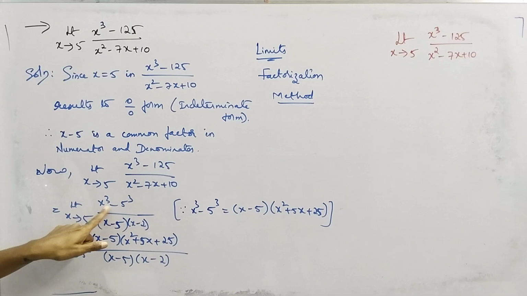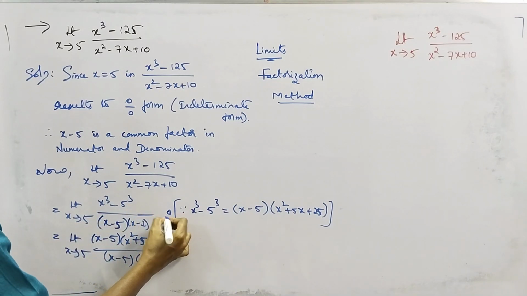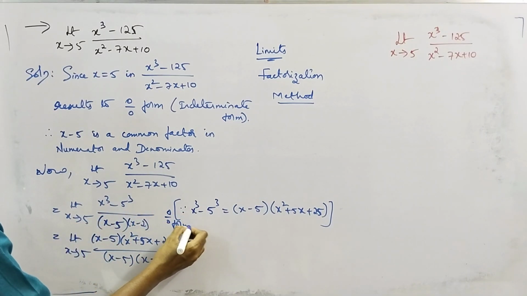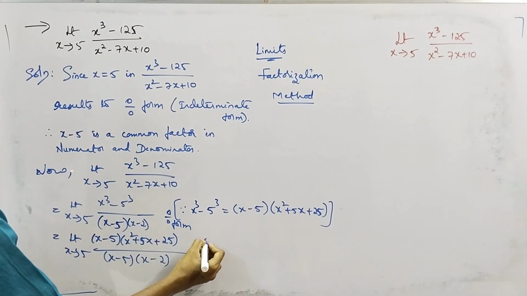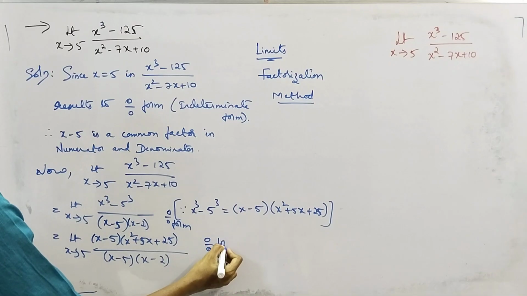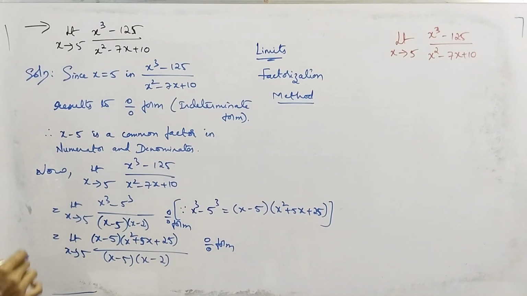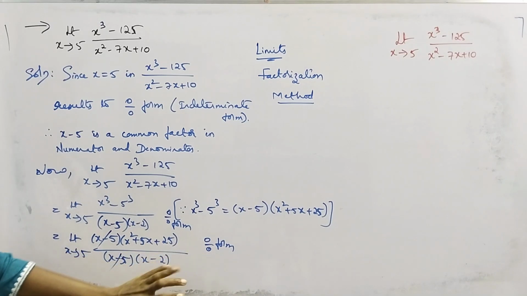See, here also you'll get 0 by 0 form, and we are trying to eliminate the 0 by 0 form. Here x minus 5 by x minus 5 gives 0 by 0 form, right? Now just cancel out the common factors x minus 5. After cancelling these common factors, the 0 by 0 form vanishes.